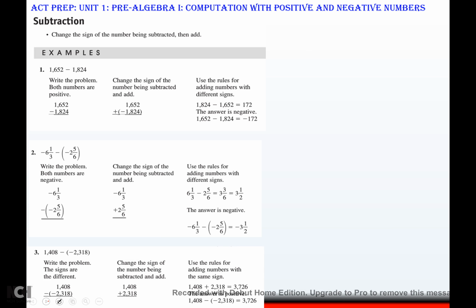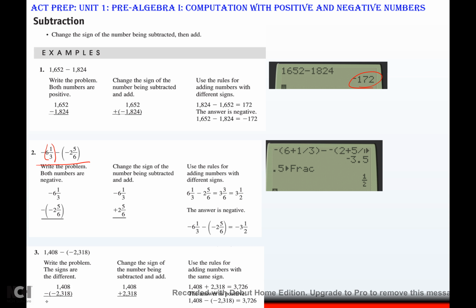Okay, some subtraction. Again, type it like you read it. 1652 minus 1824 is -172. To type this one, be very careful. You want to put those in parentheses and the negative on the outside.